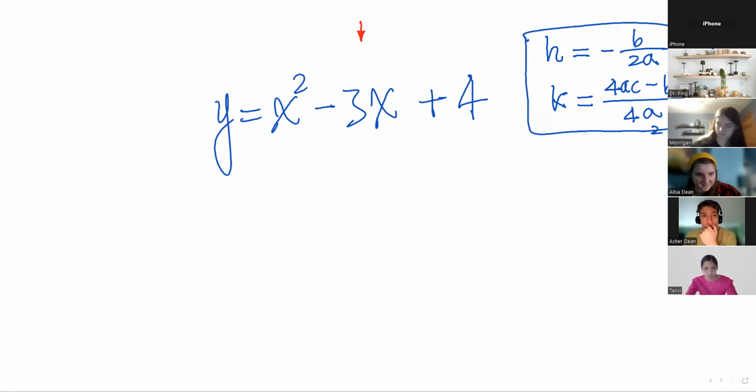So we have C, 4 minus 3 squared over 4 times 4. Minus 16.